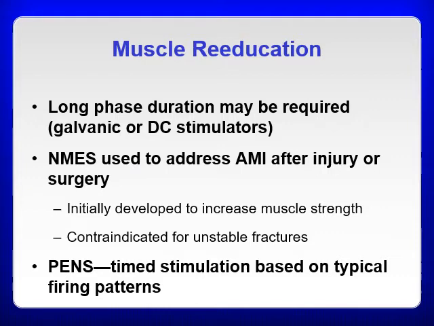Now, in the case where you have a muscle that might be inhibited a little bit, as long as there's still nerve innervation, you could use neuromuscular electrical stim, NMES, to address arthrogenic muscle inhibition after injury or surgery. It was initially developed to increase muscle strength, which it can augment.